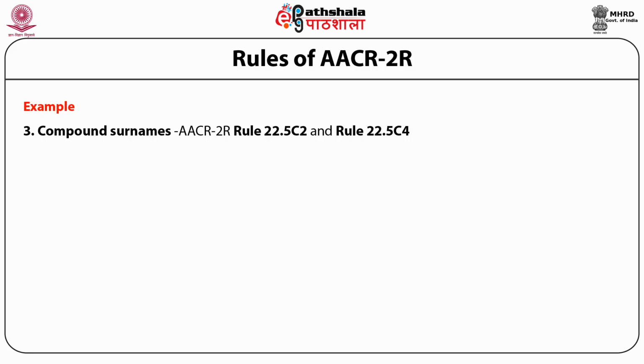Rule number 22.5C4 prescribes that enter under the first element of the compound surname. For example, Johnson Smith, Geoffrey. Castells, Saint Martin, Gaston.